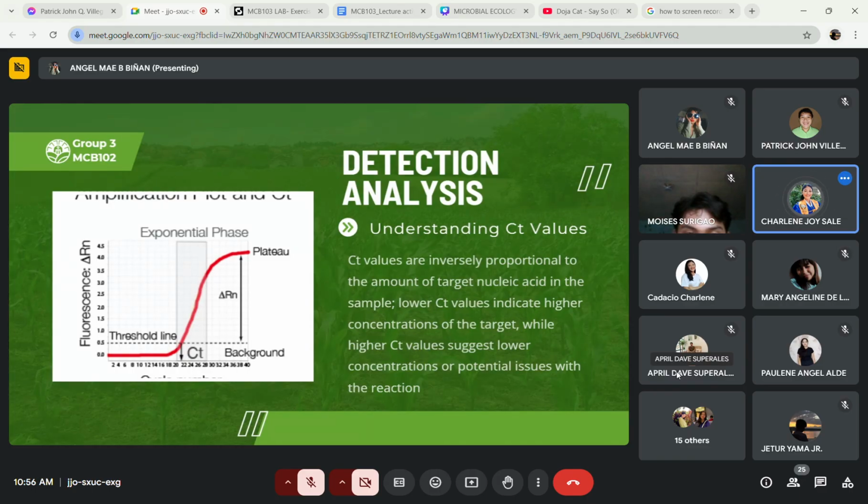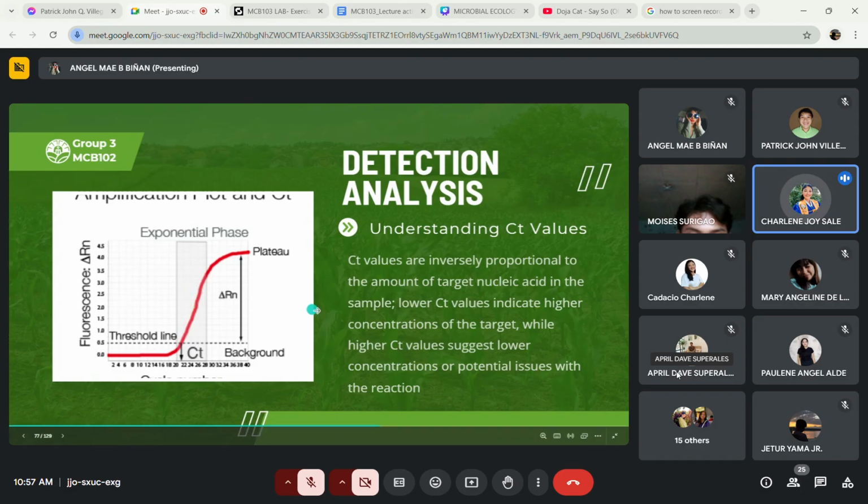So, it requires more cycles just to detect the target nucleic acid. This means that when the CT value is higher, it has a lower concentration since it needs many more cycles in order to detect that target nucleic acid. So, understand? Gets man?